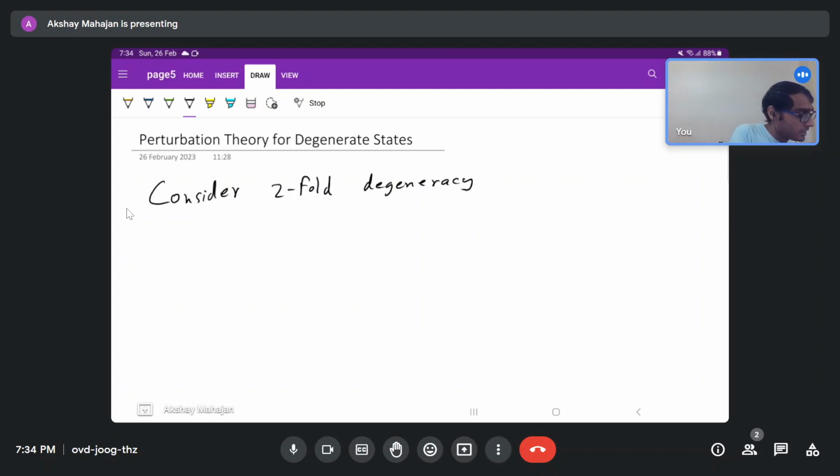We will derive the similar equation, but for the degeneracy case, and we will solve all the problems. Let me just check, we did it for the 4-fold degeneracy in the class.